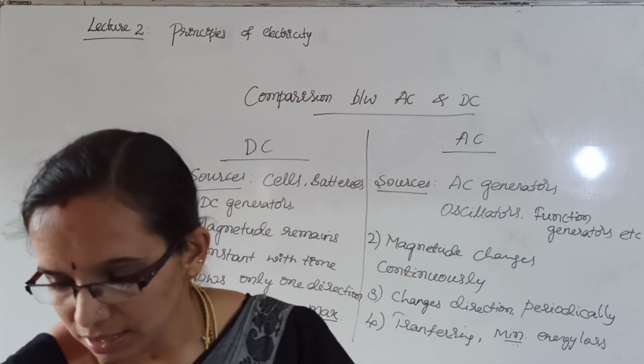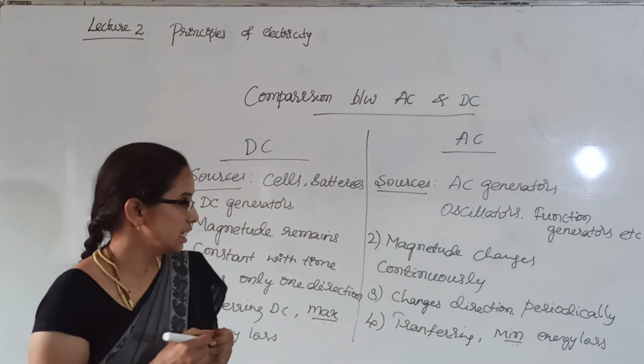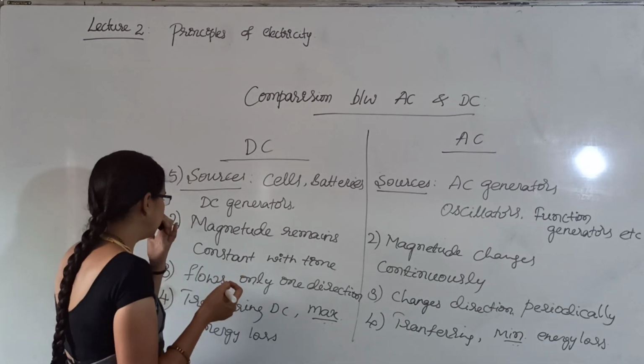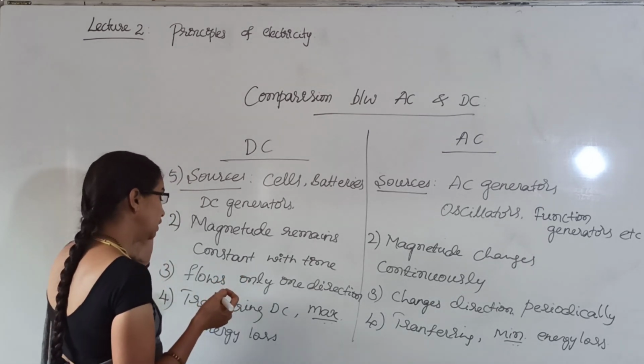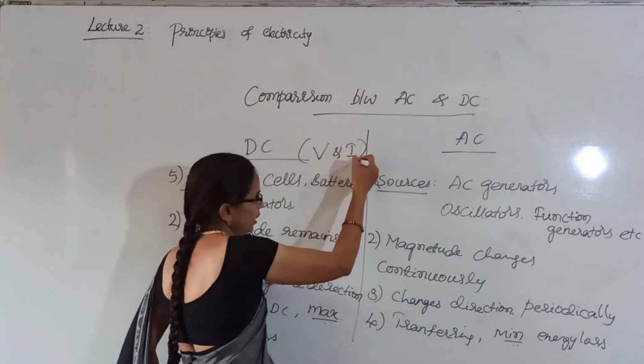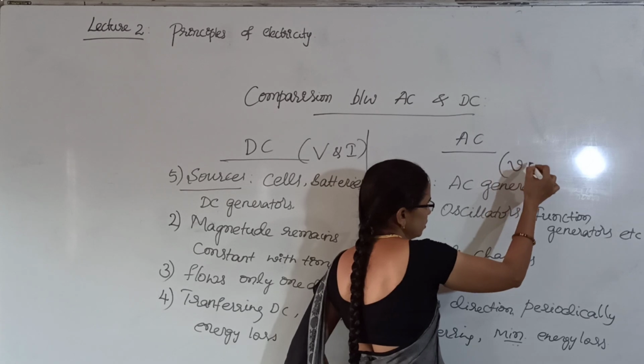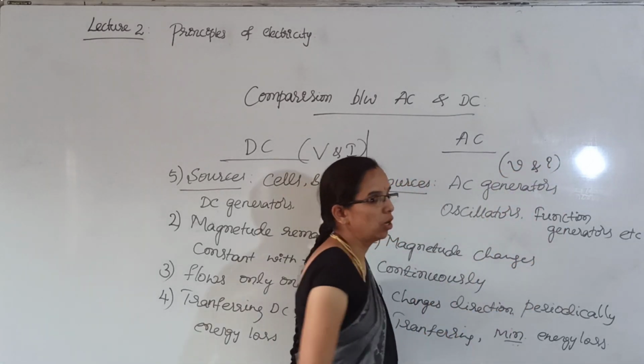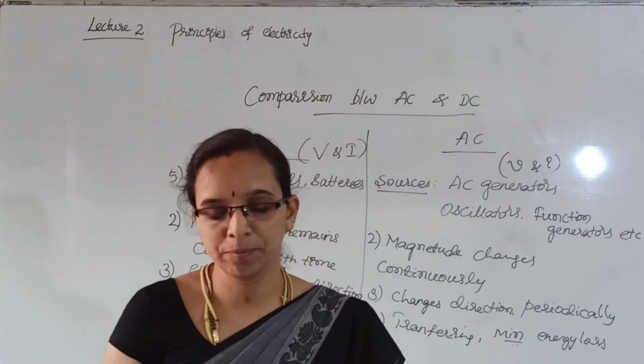Okay, this is the difference between AC and DC. Also, DC voltage and current may be represented using V and I, whereas AC will be represented by v and small i.